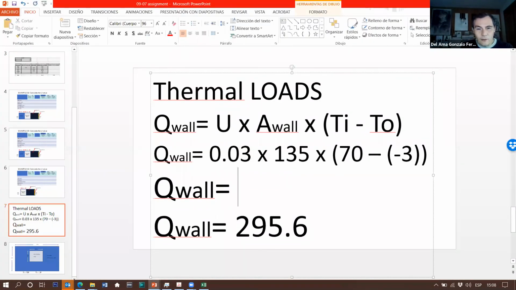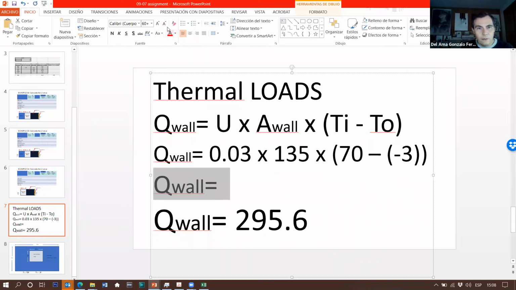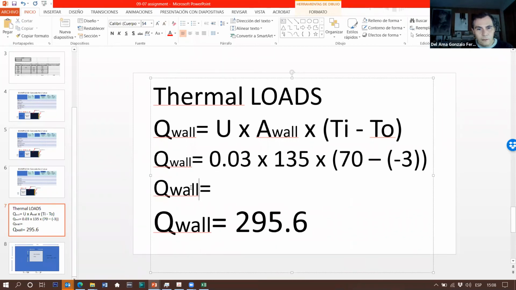Okay, so the U value, the units are BTU divided by hour, Fahrenheit, feet square. So those are the units of the thermal transmittance, the U value.